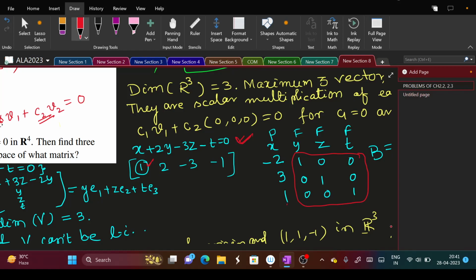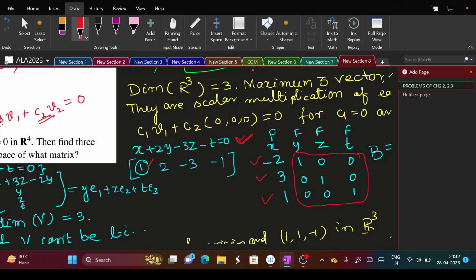Why do they constitute a basis? Observe here, there are three vectors only: first vector, second vector, third vector. That means the maximum rank of the matrix containing these three vectors as its rows or columns is 3. But this matrix will have a 3 by 3 identity submatrix whose rank is 3.